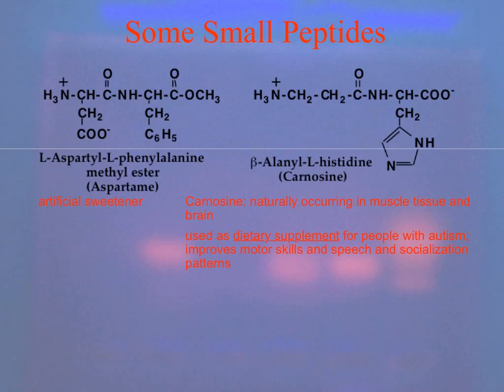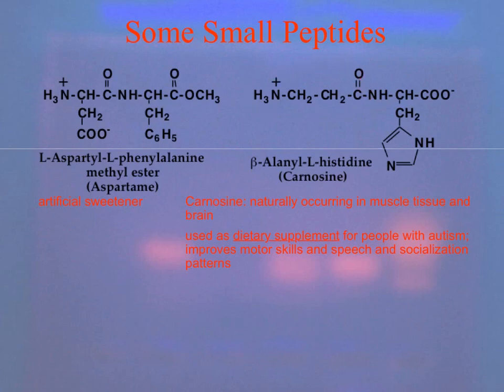All right, and then this is just another example. This is beta-alanyl-L-histidine, which is also commonly called carnosine. I wanted to point this out because, remember we talked about naturally occurring amino acids, this is a naturally occurring compound, but the big difference here is this is not an alpha amino acid.